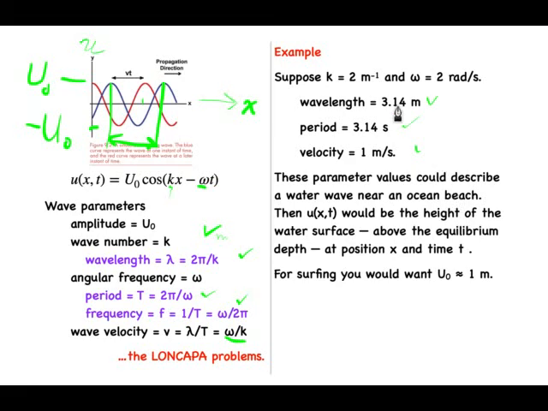The distance between waves, from one crest to the next crest, would be a few meters, might be 3 meters. And how fast do waves travel near an ocean beach? About 1 meter per second, I suppose. So these parameter values could describe a water wave near an ocean beach.